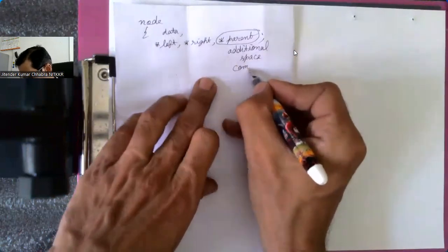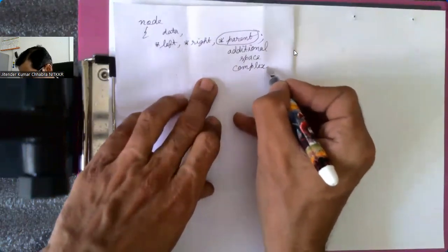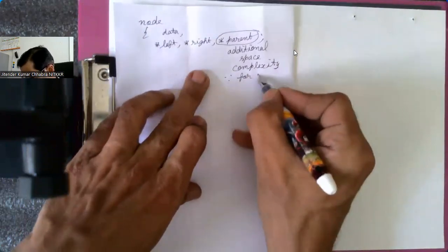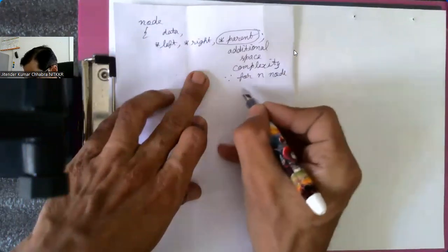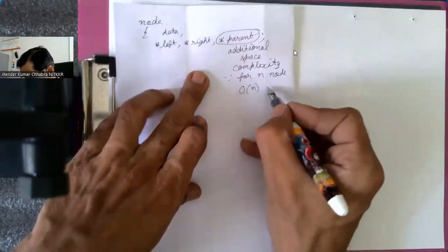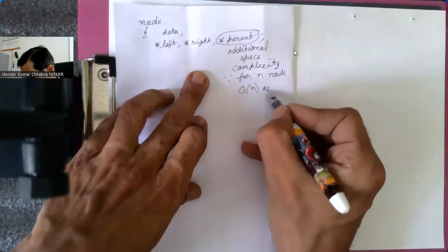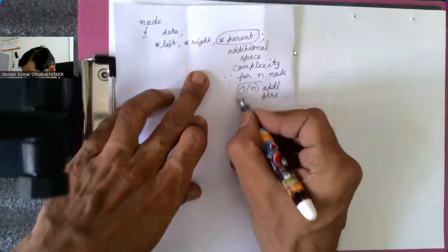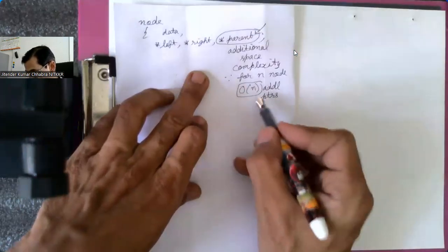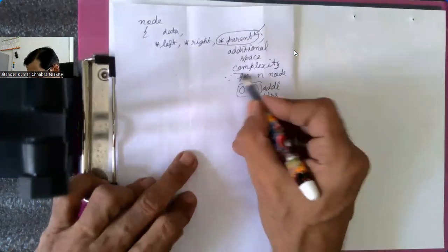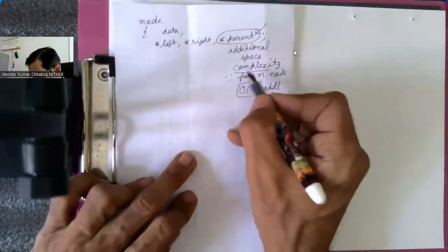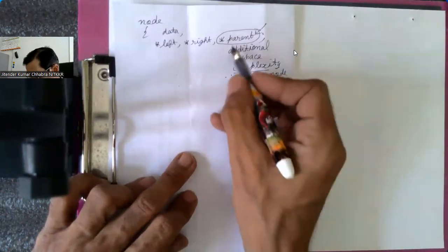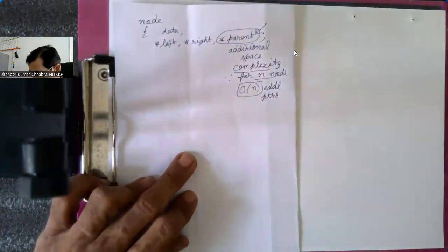And it is effectively additional space complexity. Because for n nodes, order of n additional pointers are needed. For n nodes, n extra parents are stored, so it becomes additional space complexity. It's not just one or two variables extra. For n nodes, if n is 1 lakh, I will have 1 lakh extra memory needed for parent pointers.